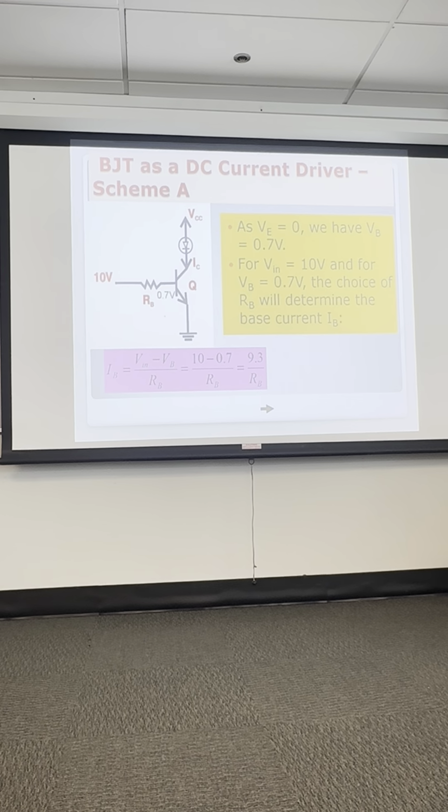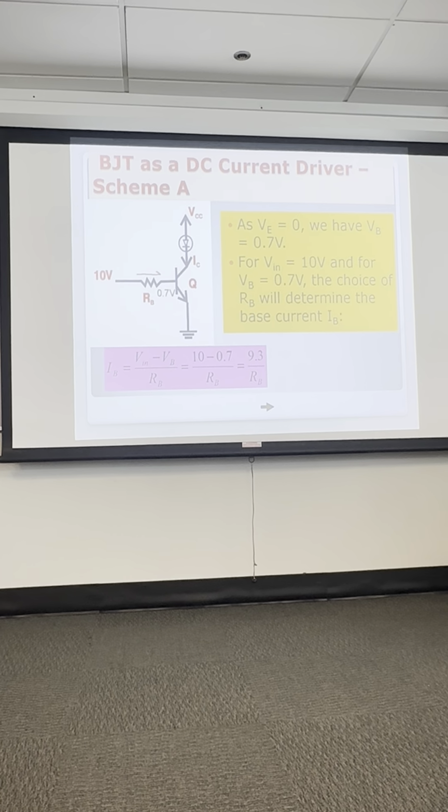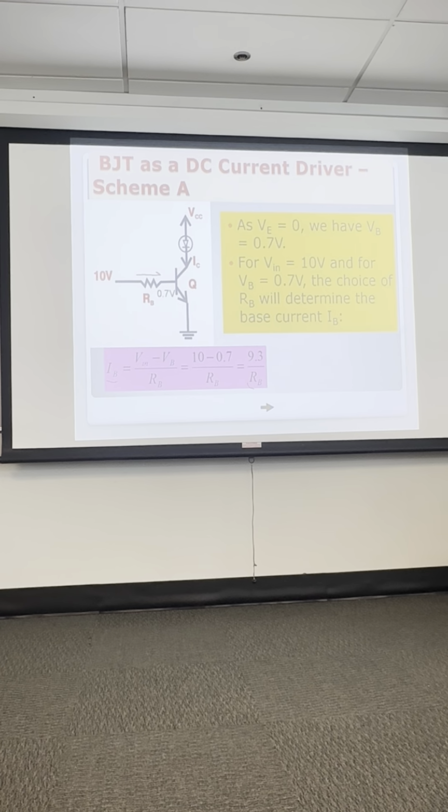What we're trying to do is solve for this resistor here. To get this resistor value, we need to find the current to it. So I sub B is Vin, 10 minus 0.7 over R sub B, and that's 9.3 divided by R sub B. So we have two unknowns here, R sub B and I sub B. So how do we get I sub B?